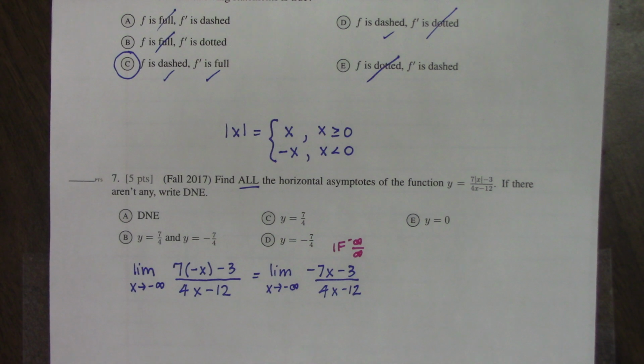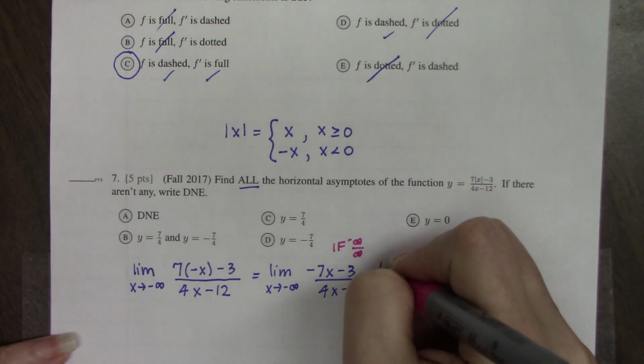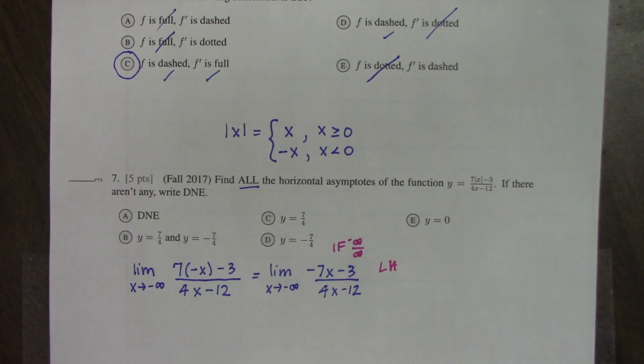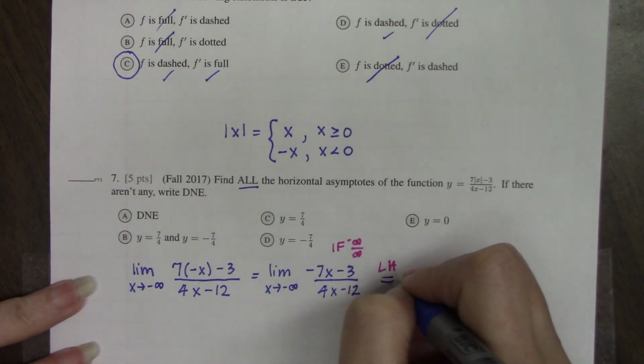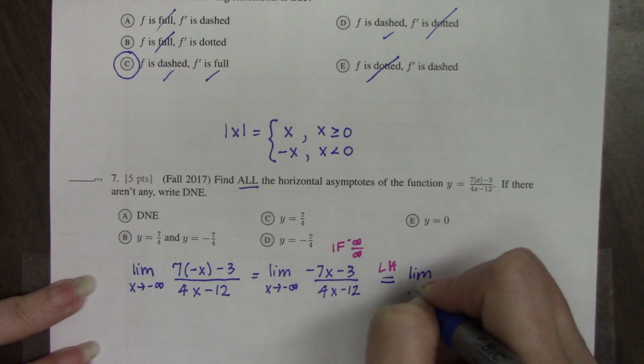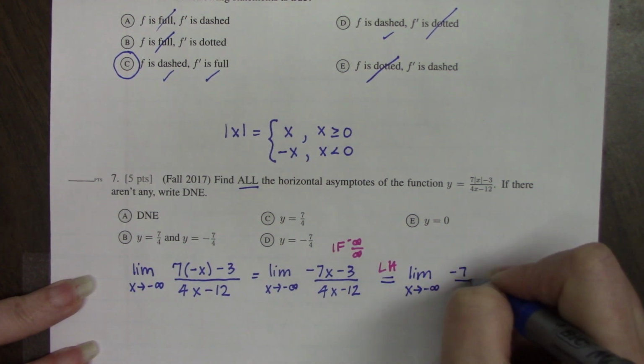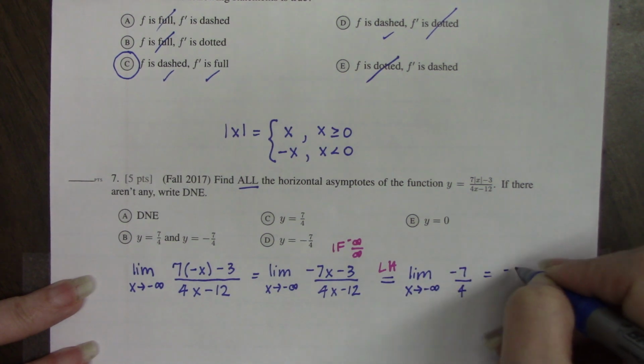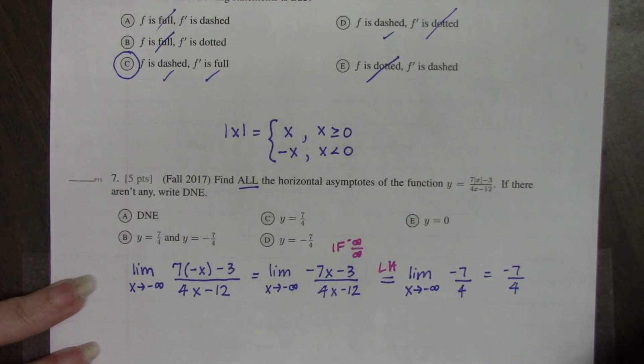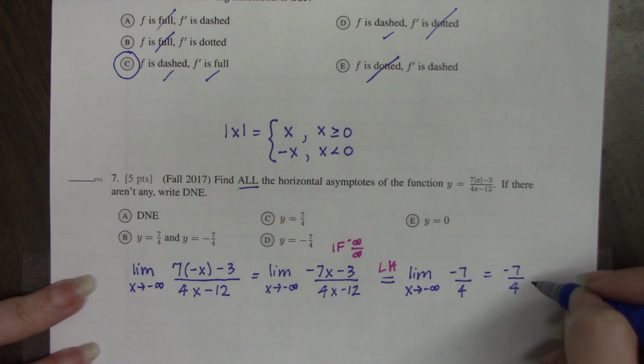So that's actually negative infinity in the numerator over positive infinity. So I'm going to do L'Hopital because this will be pretty quick. So we have the limit as x goes to negative infinity of negative 7 over 4, which equals negative 7/4. If you get a real number, that means you have found an asymptote.